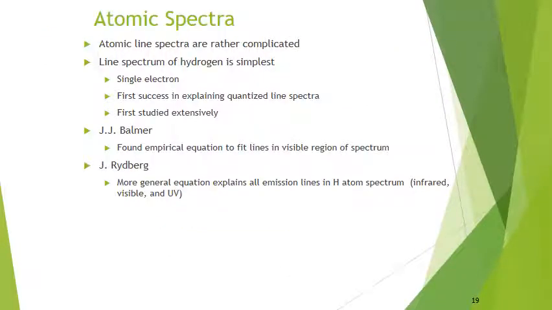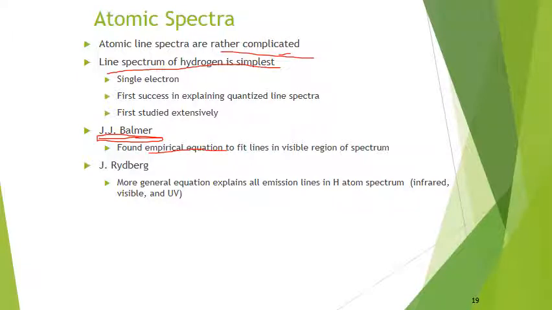The atomic spectrum for most elements is very complicated. So what most scientists did at the time, they just focused on hydrogen because it seemed to be the simplest. Balmer is actually not the guy that came up with the spectrum, but he actually came up with that equation.